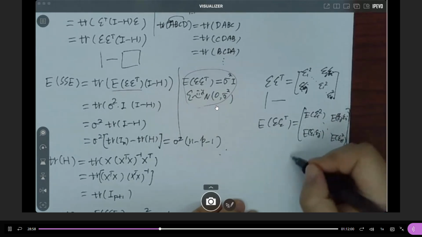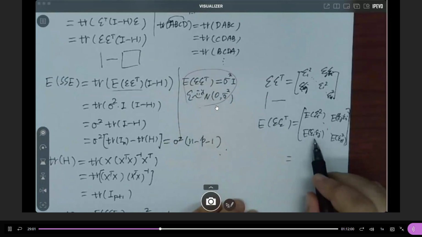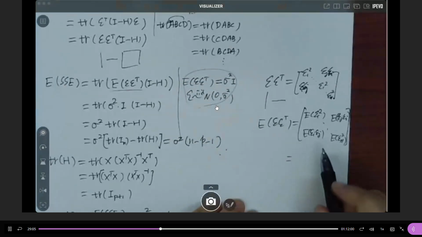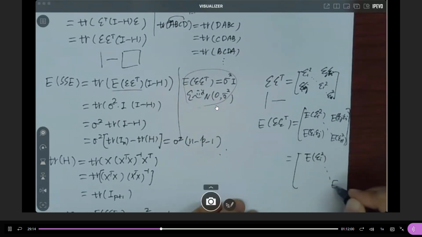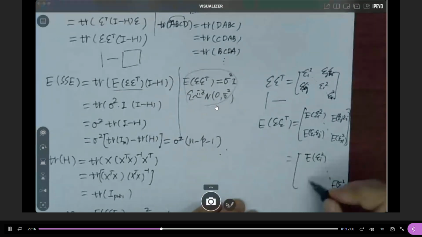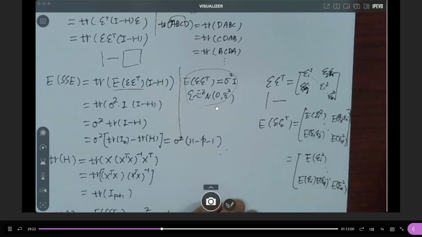So once you have that, you realize if two are independent, E of epsilon i epsilon j equals E of epsilon i times E of epsilon j. I will write one more step here. On the diagonal, it will be E of epsilon 1 squared all the way to E of epsilon n squared. Off diagonal, we can do that because they are independent.